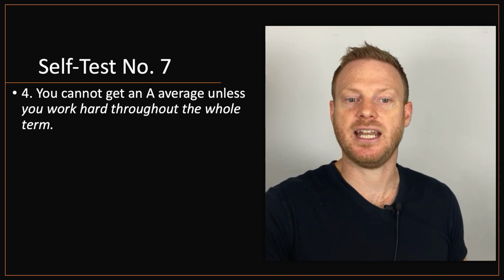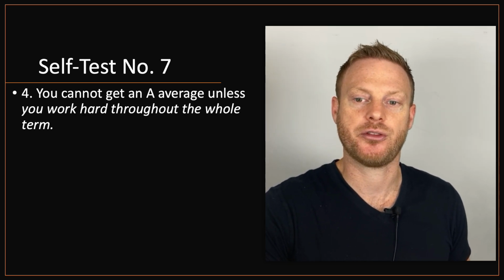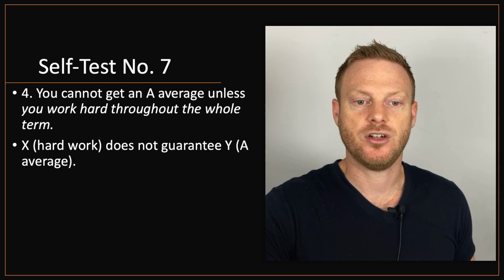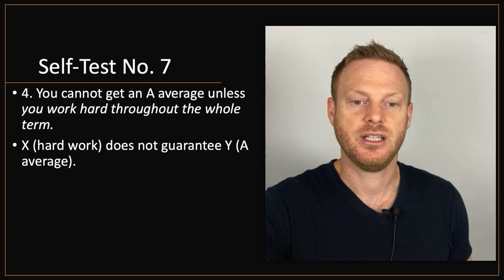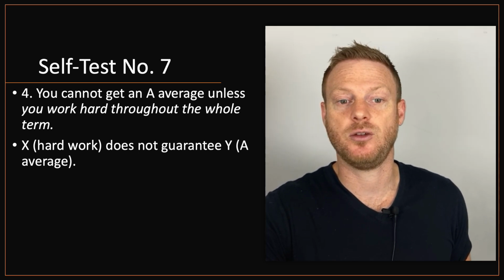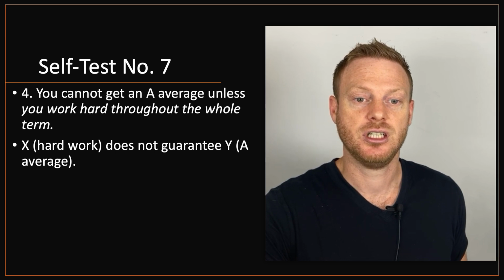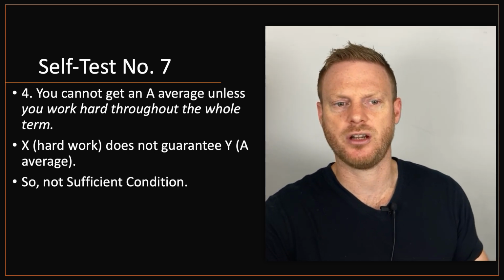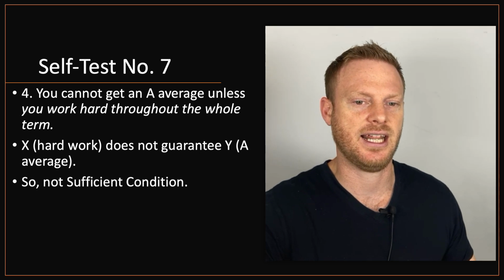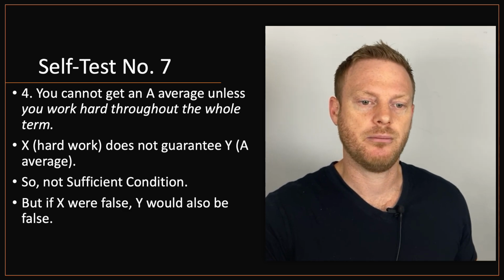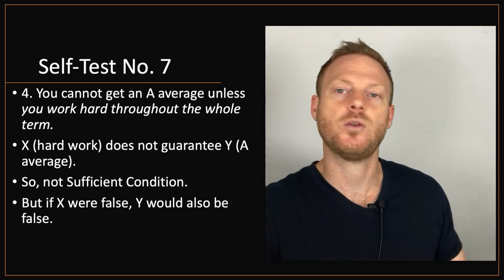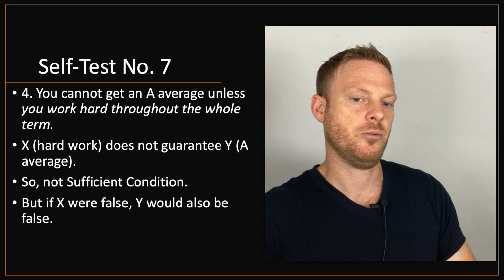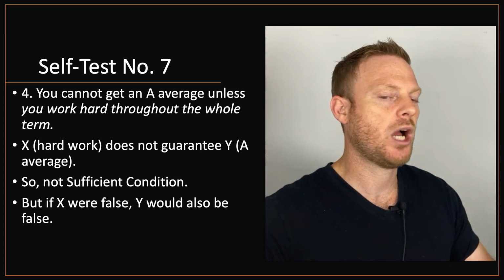Okay, you cannot get an A average unless you work hard through the whole year. So X here is work hard, and this does not guarantee Y, an A average. So it's not a sufficient condition, right? Just because you work hard throughout the whole term doesn't guarantee that you're going to get an A, right? But if X were false, if you didn't work hard throughout the whole term, then Y would also be false.